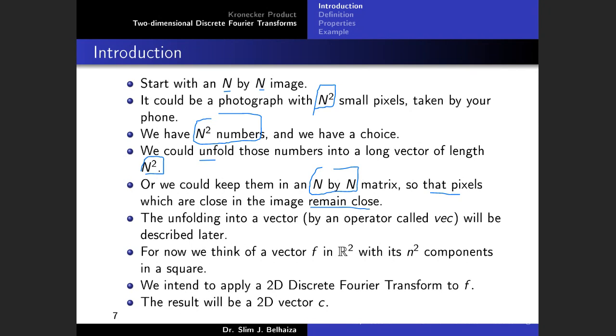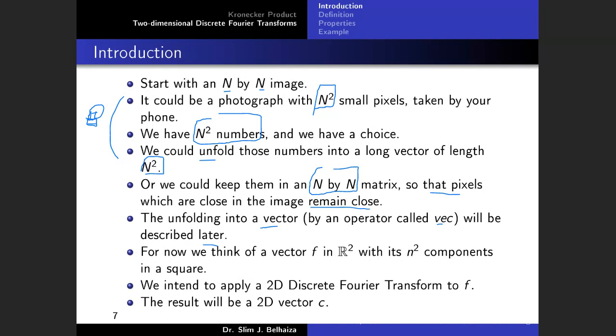The bright idea here is that we can use the structure of the image, using the Kronecker product, to draw the frame or the structure of the image, and the unfolding into a vector by an operator called vec will be described later.